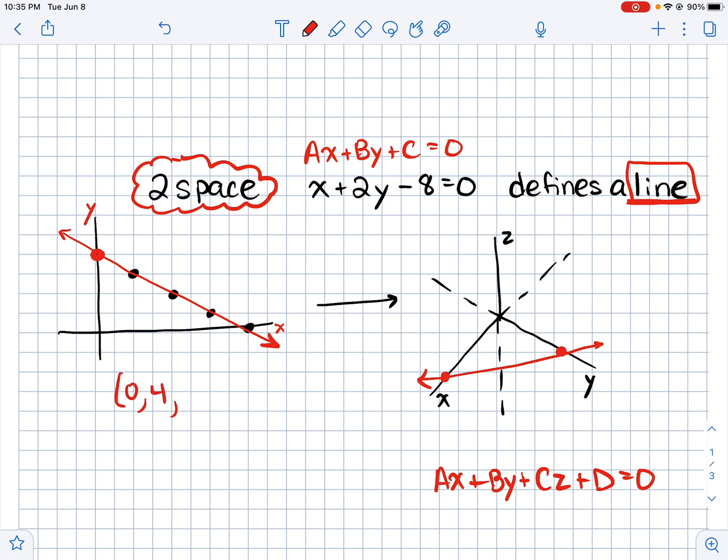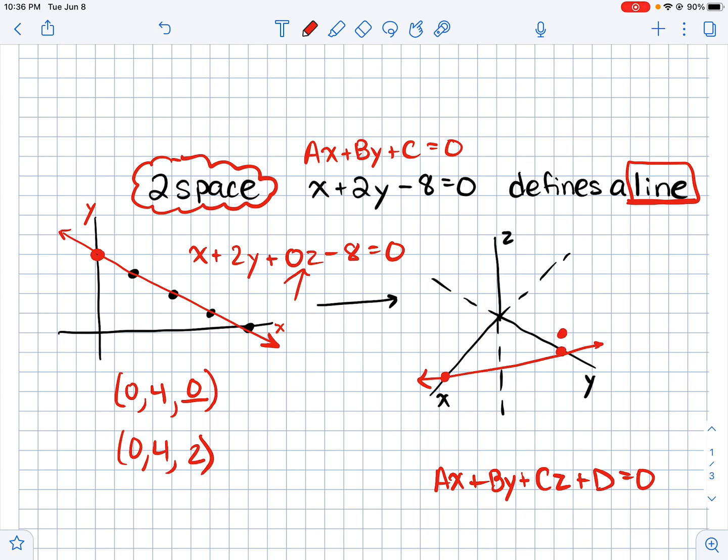If I added a z component to it, let's say I add 0z minus 8, I could literally put in anything for z to make this equation true. So if I put a 0 in there and graphed that, and then next time I put 0, 4, 2 and graphed that, now I'd be graphing it up here.